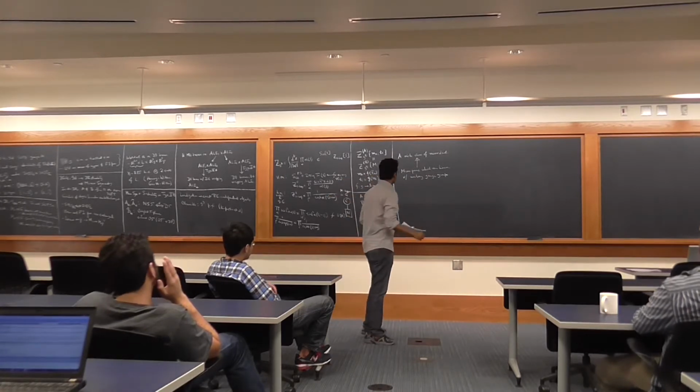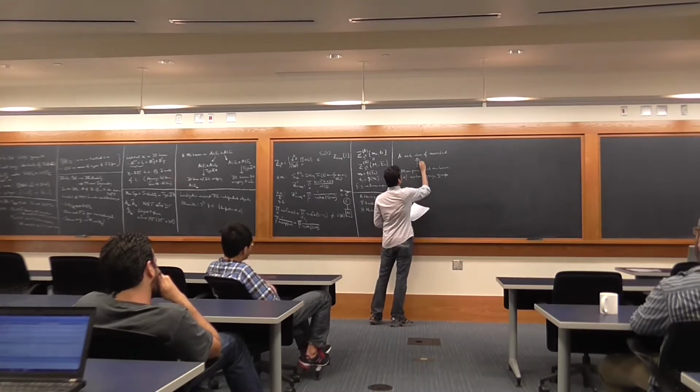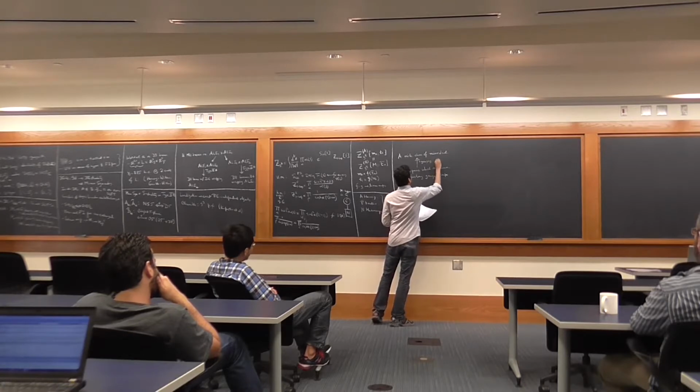The way you go from here to here is by gauging certain flavor symmetries.